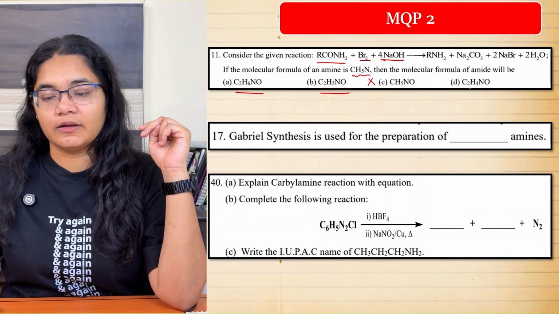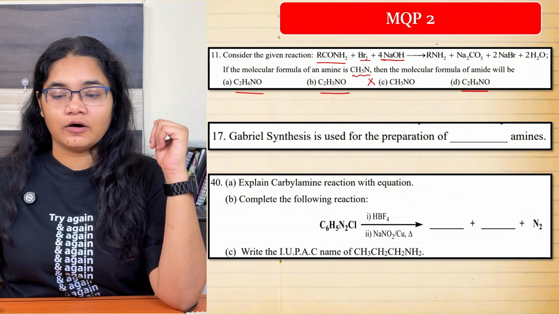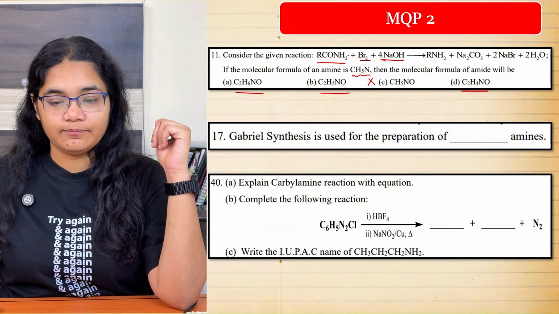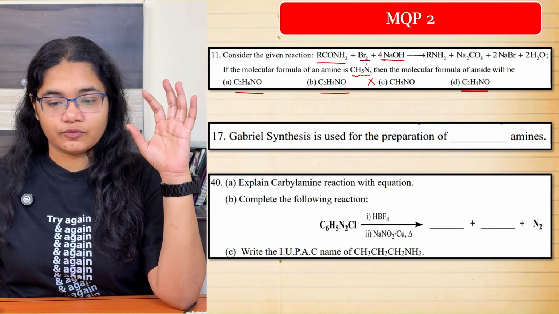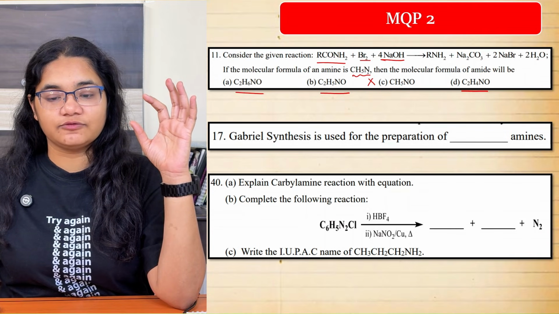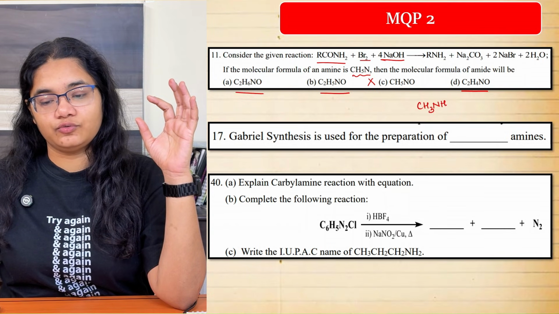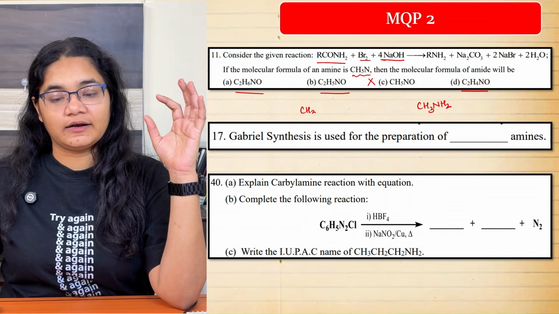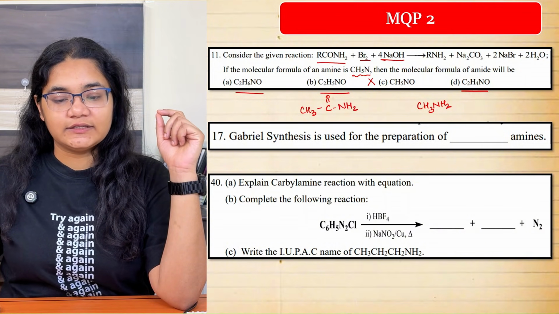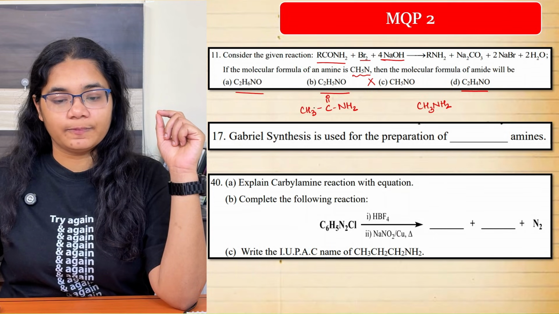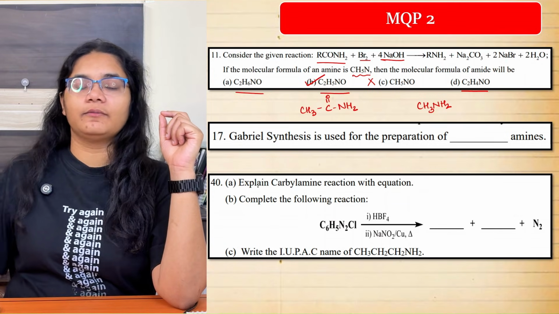This is having one carbon and this is having two carbons. Next, the NH2 group remains the same, so if I have this particular compound CH5N, the amine formula, then it must be CH3NH2, right? That means what will be the reactant here? It has to be CH3CONH2, right? So I need C2H5NO. So that is your option number B here.